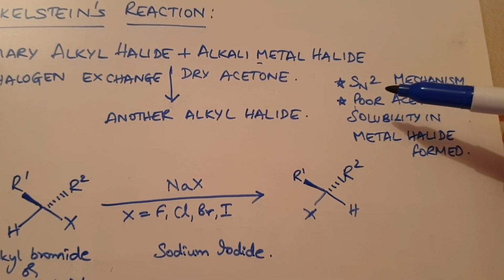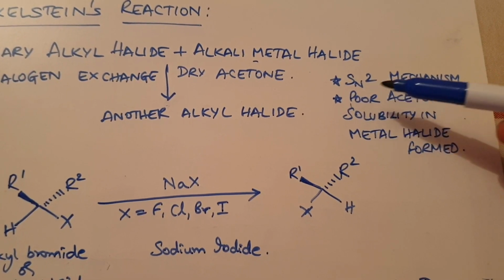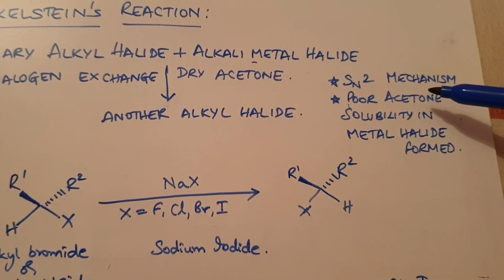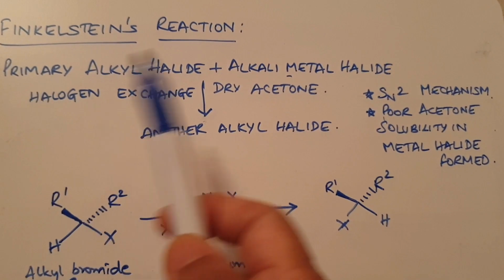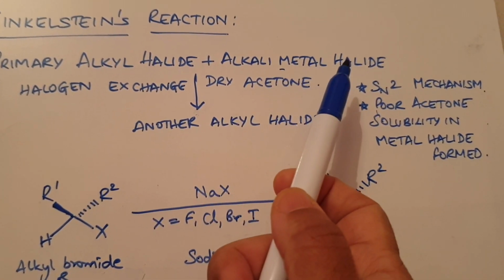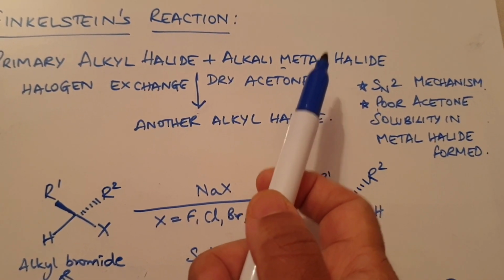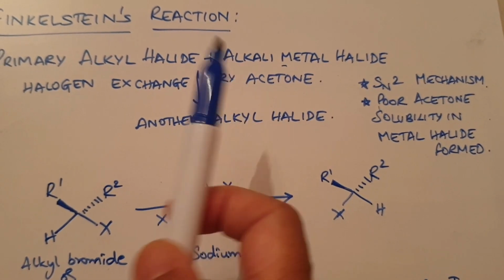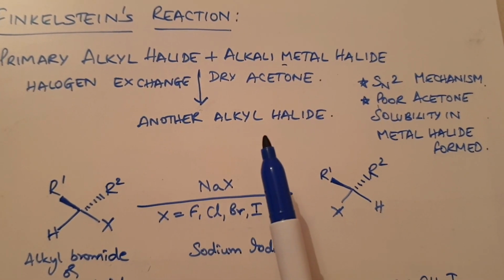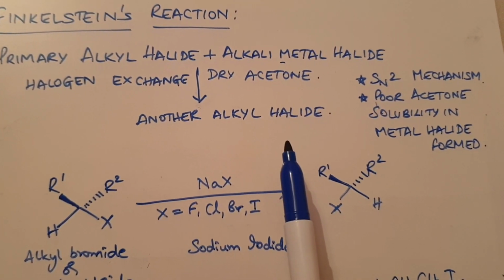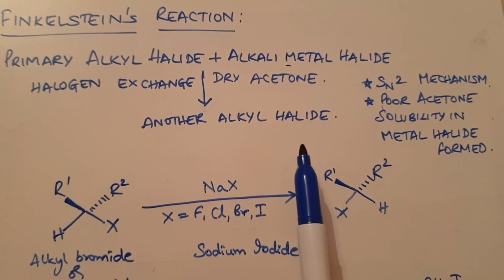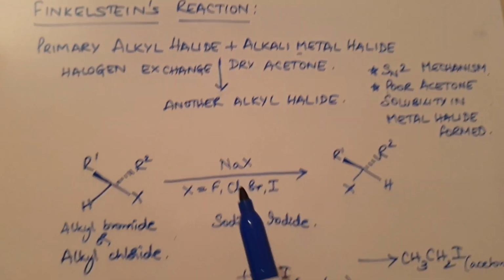And the whole reaction uses SN2 mechanism to happen. Now, if you take the initial metal halide, this halide is soluble in dry acetone, whereas the metal halide which is formed at the end of the reaction is having poor solubility in acetone.